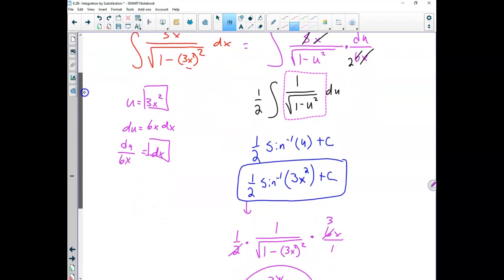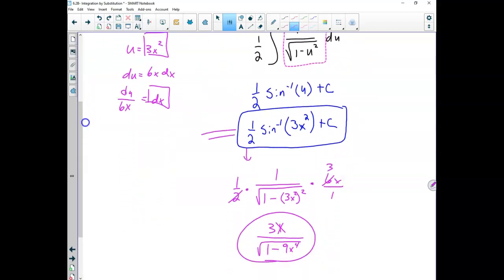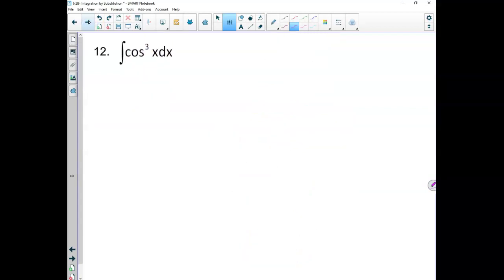Why, yes it is. Therefore, that's how I know that is my antiderivative of it. And the last one we get to here is the cosine cubed x. People are going to be looking at this and thinking, well, I can't really let u equal the cosine, because if I let u equal cosine x, then du is going to equal negative sine x dx, and there's no sine x in here that's going to get absorbed.